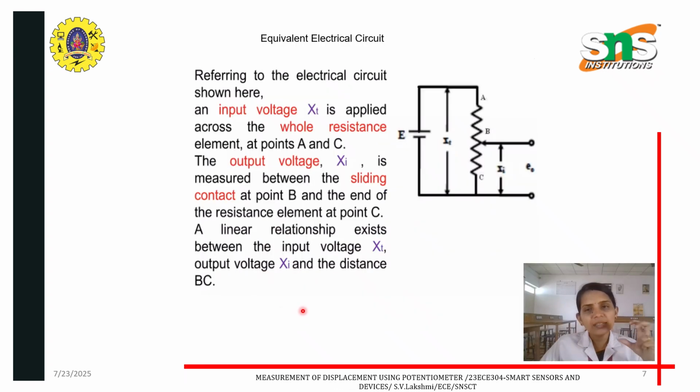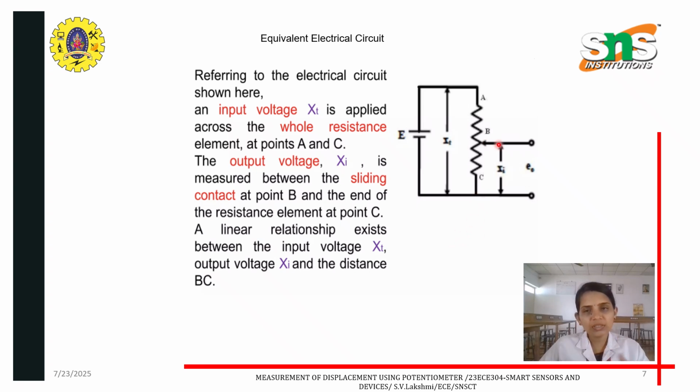The equivalent electrical circuit of the linear potentiometer is given here. Referring to this circuit, the input voltage here is Xt, which is applied across the whole resistance, that is point A and C, and the output voltage Xi is measured between the sliding point B and the end point C. Here a linear relationship exists between the input voltage Xt, the output voltage Xi and this distance BC.